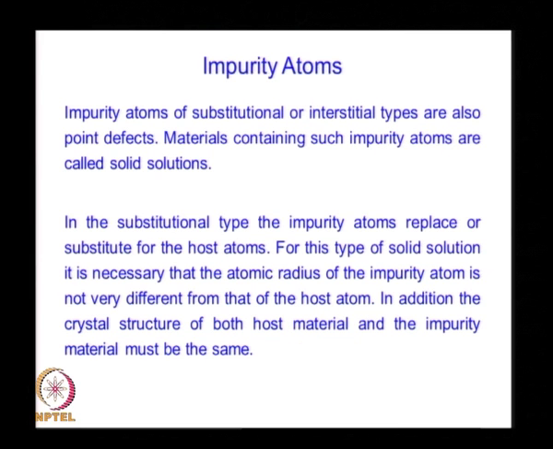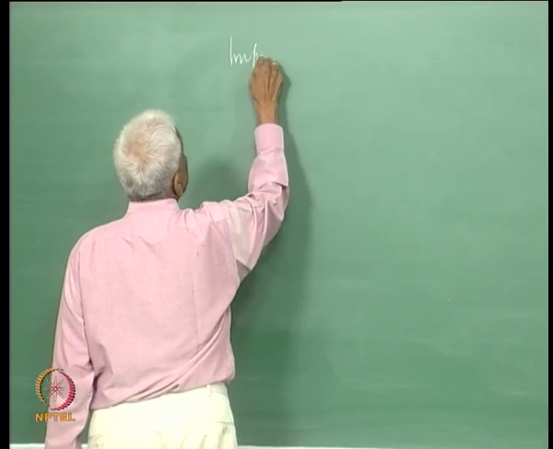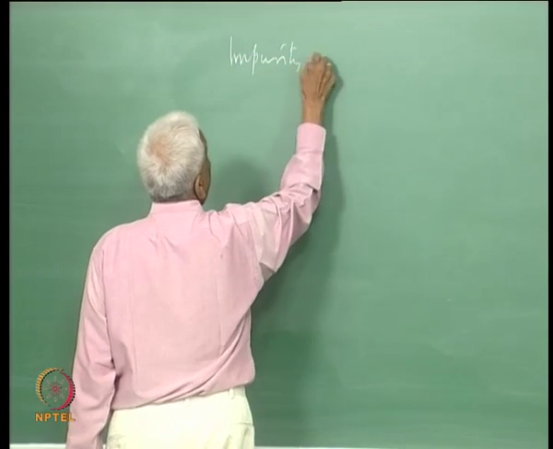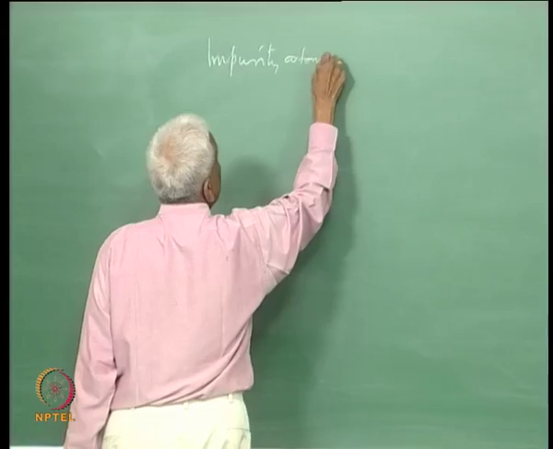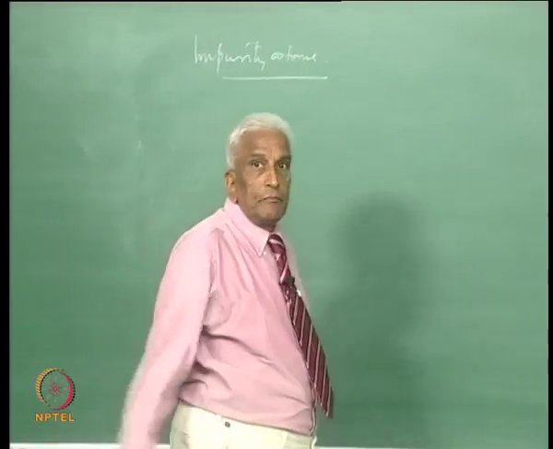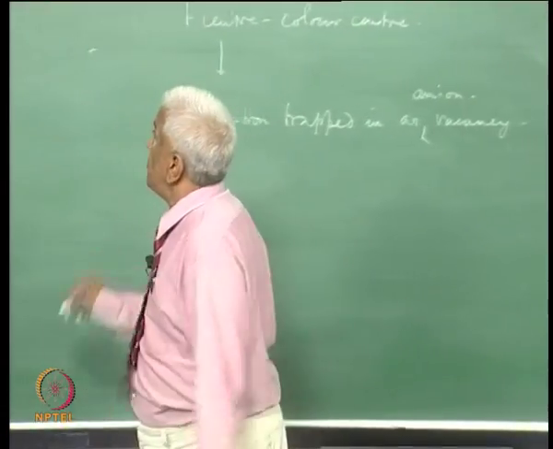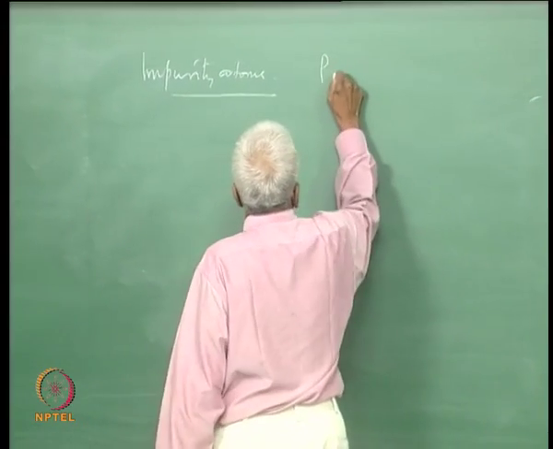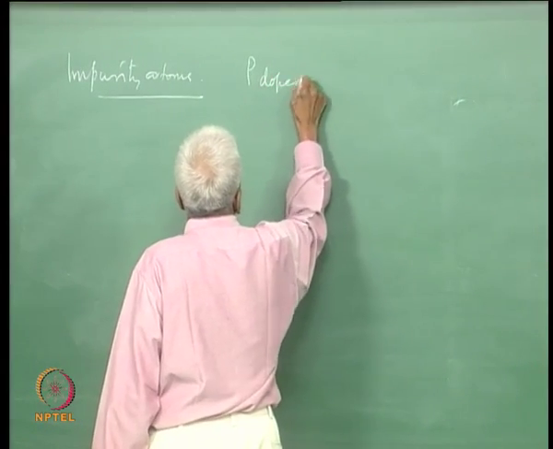We then come to the fourth category of point defects, namely impurity atoms. We have already discussed them in connection with semiconductors. So, for example, phosphorus doped silicon.